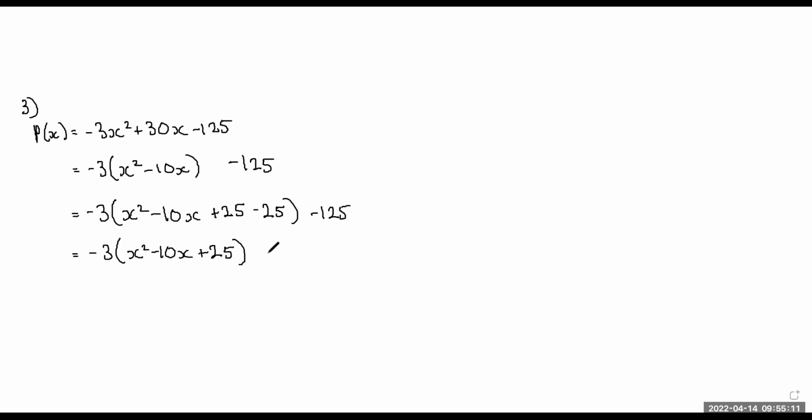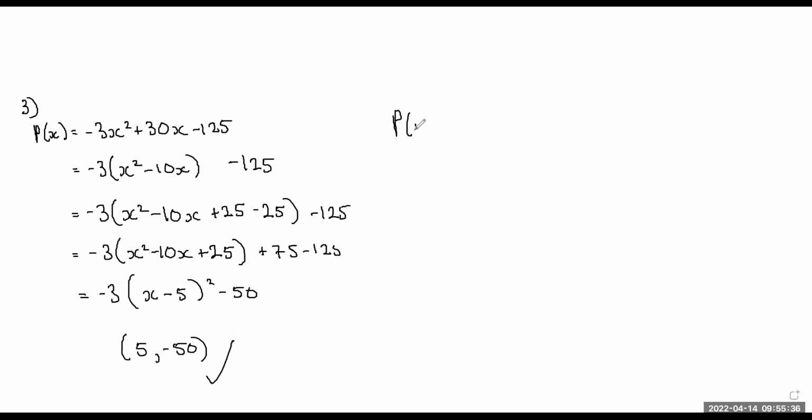When the -25 is taken out, it becomes multiplied by the a value, bam. Final form, y equals -2(x minus 5)² minus 50. But would you look at that? The vertex is (5, -50). That matches my graph. Argument 1, done.